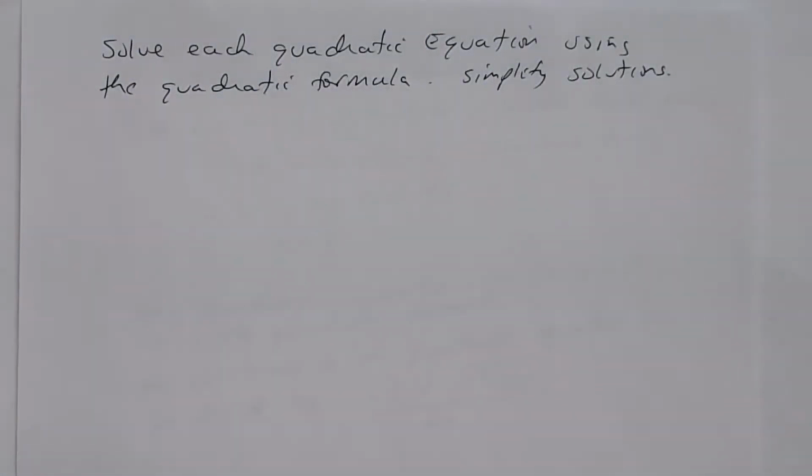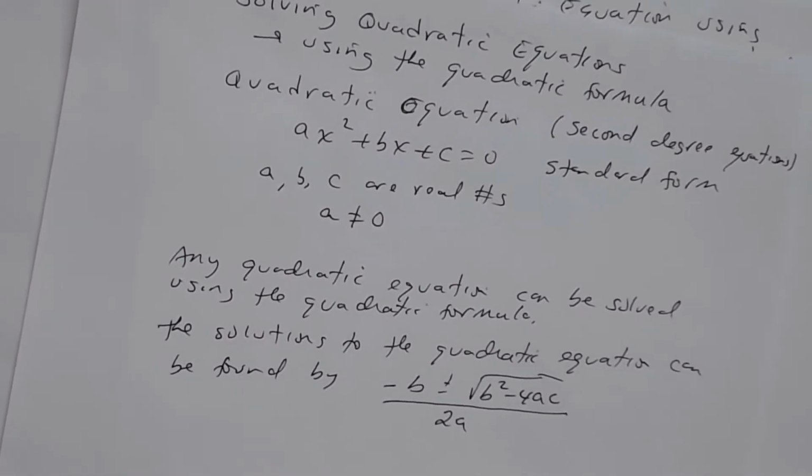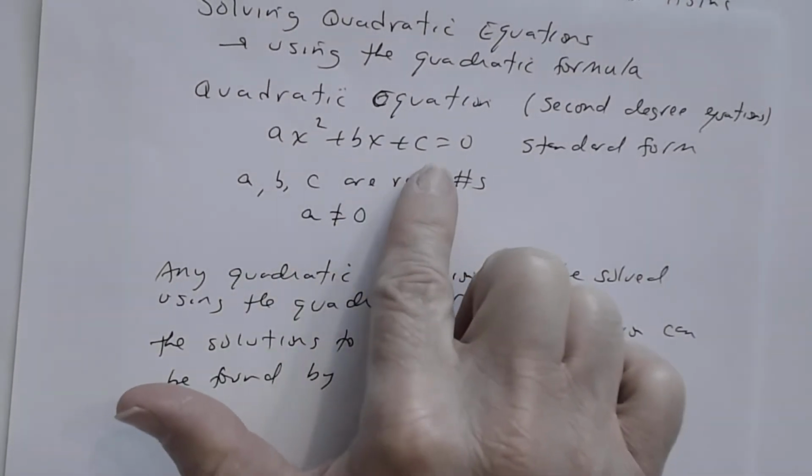Now let's remind ourselves real quick what the quadratic formula looks like. Recall that in the previous part we talked about the quadratic equation being ax squared plus bx plus c equals 0.